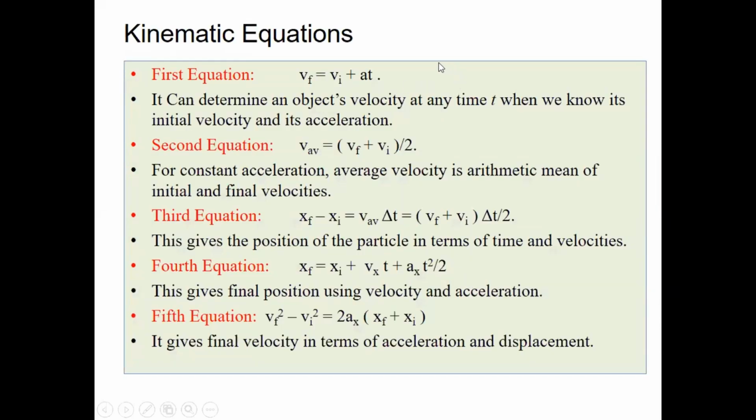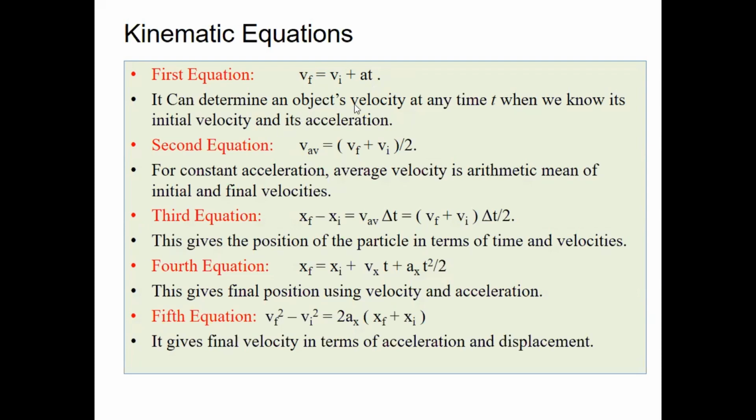Let me, without going into the details of the derivations, show you the kinematic equations. The nomenclature is generally that the final is indicated by f and the initial by a subscript i. The first equation shows that the final velocity is equal to the initial velocity plus acceleration times t, which is basically a definition of acceleration.